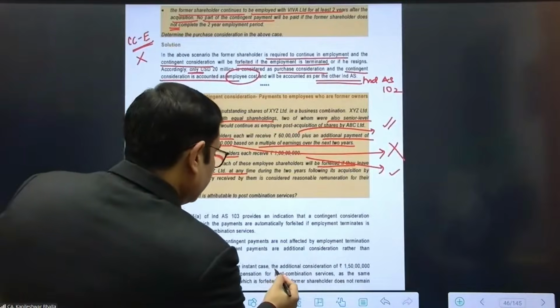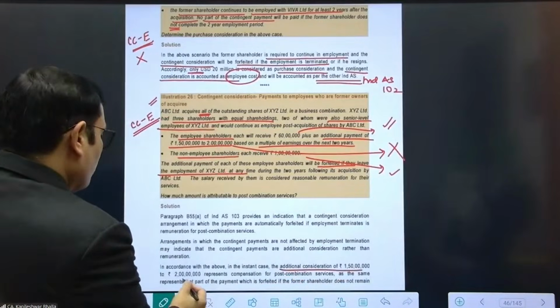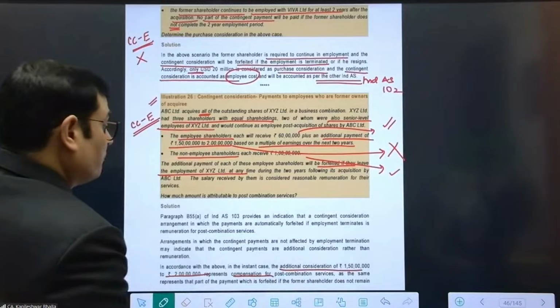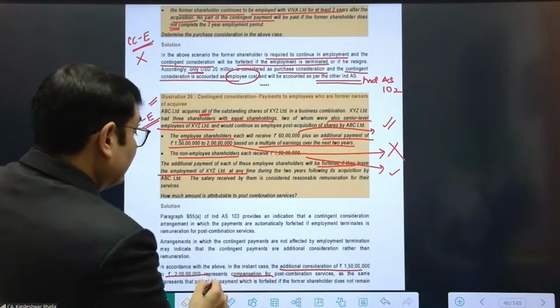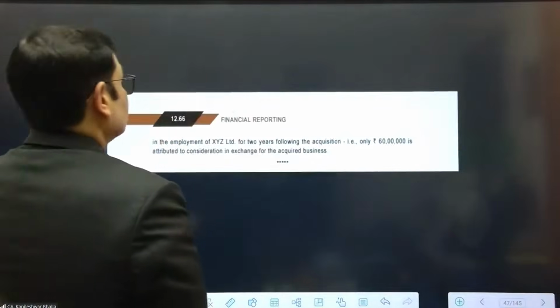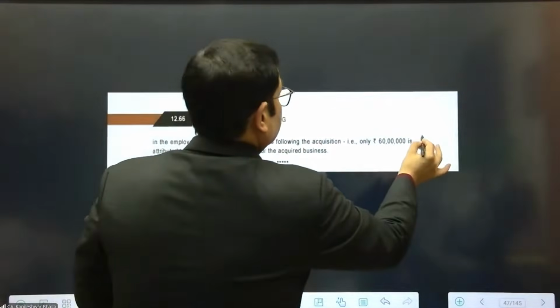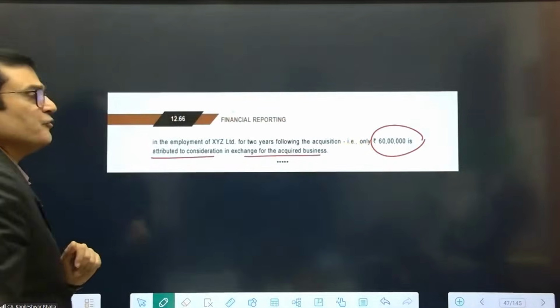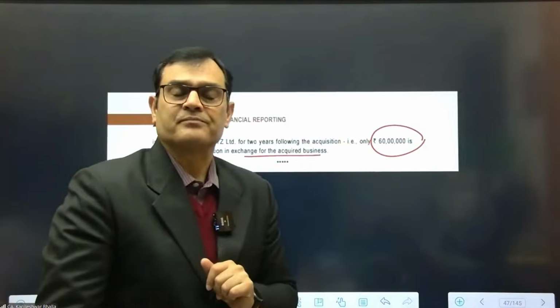It says the additional consideration of 150, 200 lakhs represents a compensation for post-business combination, and that part of payment is forfeited if he does not remain in service. So it says only that 60 lakhs is attributed to consideration in exchange for the acquired business.